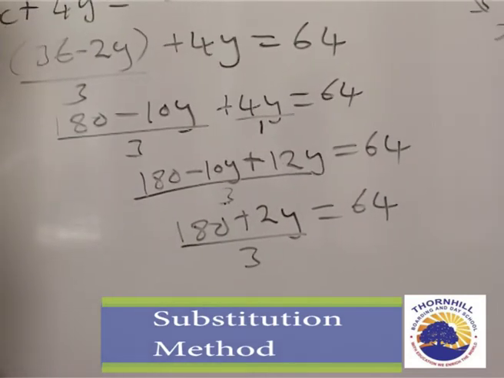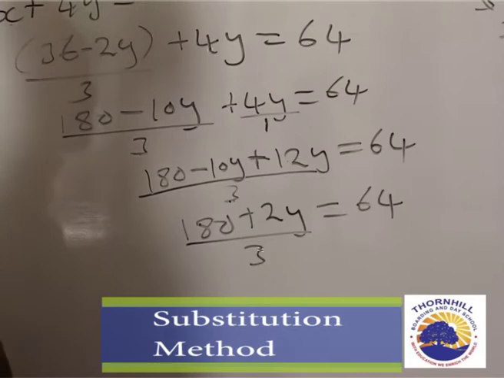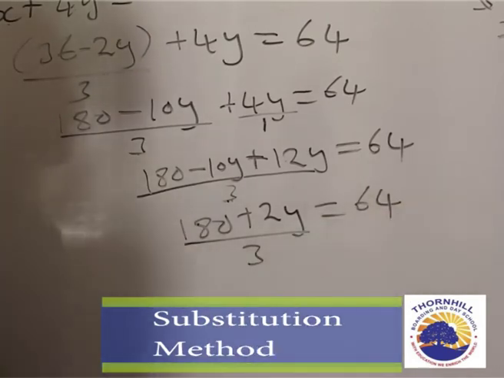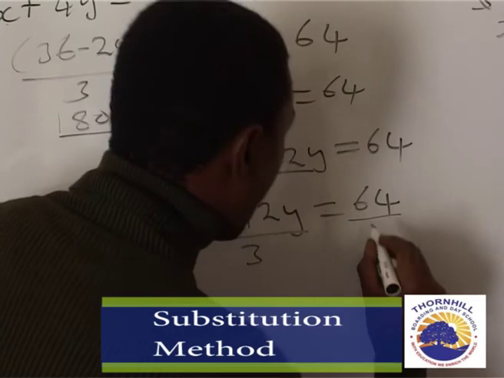Like that. Now, we still have some more stages in order for us to find our answer. This side, again, we have a fraction. The other side is not a fraction, so we'll make it a fraction by saying over 1.